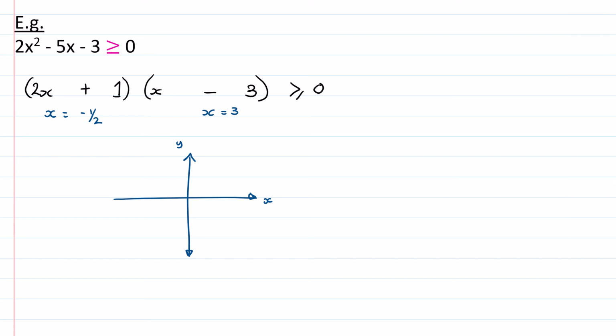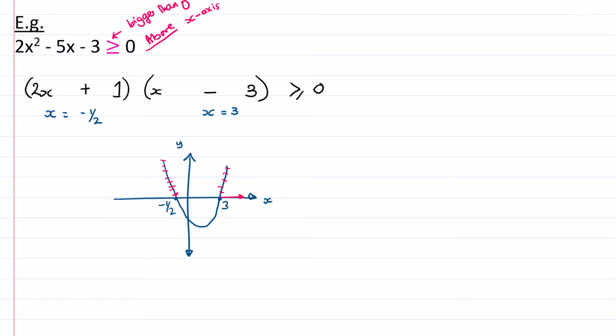Got minus 1/2 and 3, so minus 1/2 and 3. And this says that it is bigger than or equal. So it's above the x-axis. Two separate pieces, two separate parts of the graph, this and that.